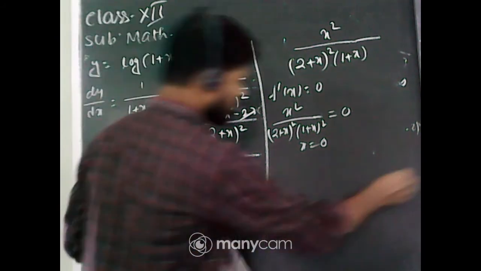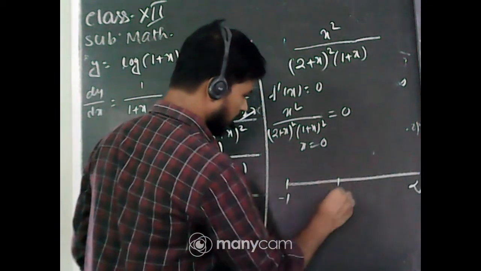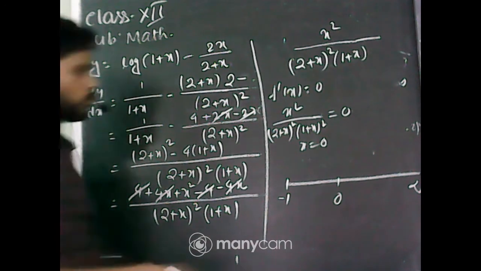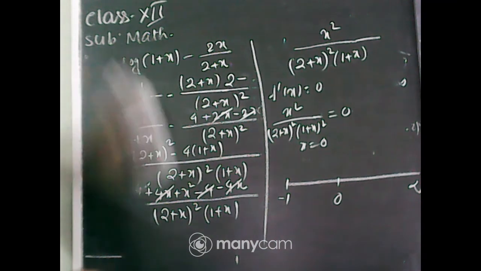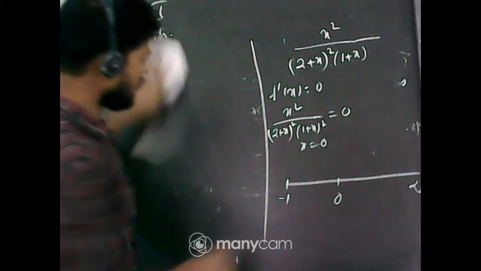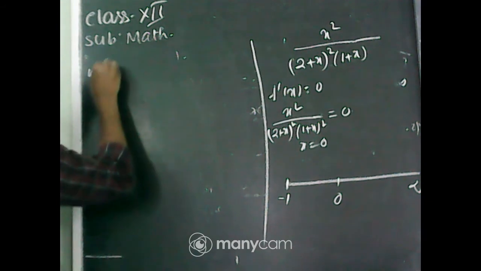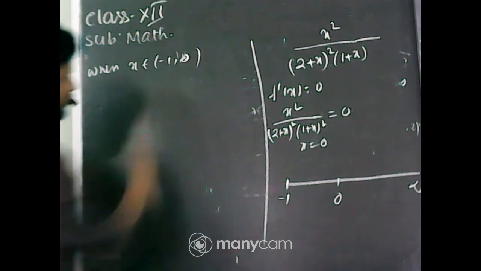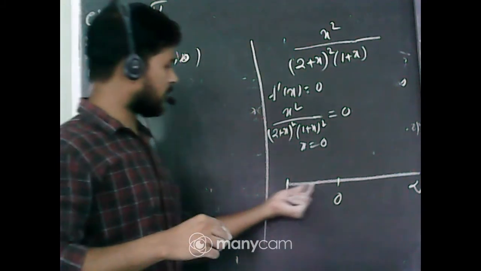If we consider the domain of the function from minus 1 to plus infinity, and this is 0, so the total domain is now divided into two parts, minus 1 to 0 and 0 to infinity. Now we'll check whether the function is increasing or decreasing in the interval minus 1 to 0. So when x belongs to minus 1 to 0, take any value of x which is greater than minus 1.